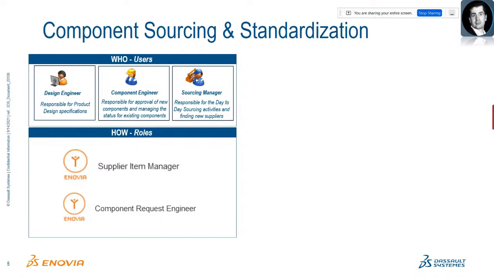The second one is the sourcing manager on the other side, which is in relation with your suppliers. And in the middle, we have the component engineer that maintains the library of usable components by the engineering during the product development.